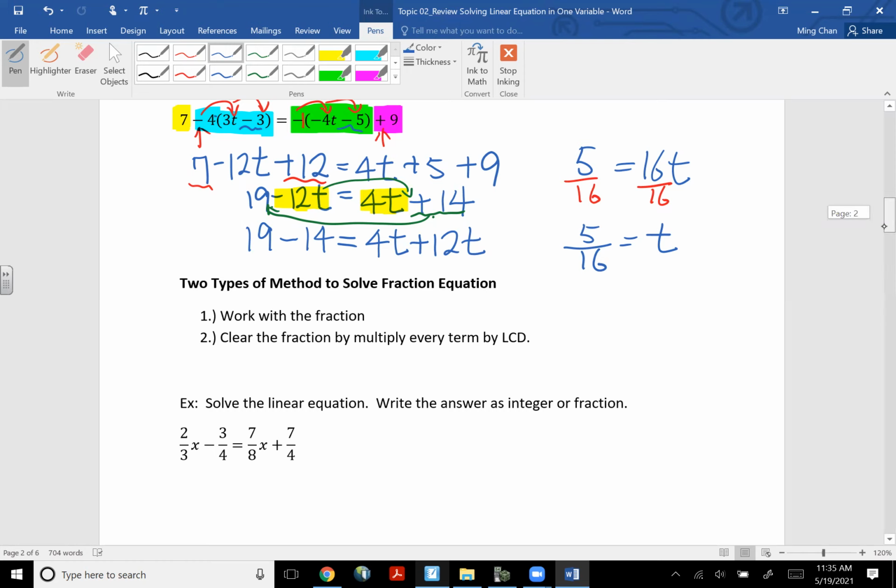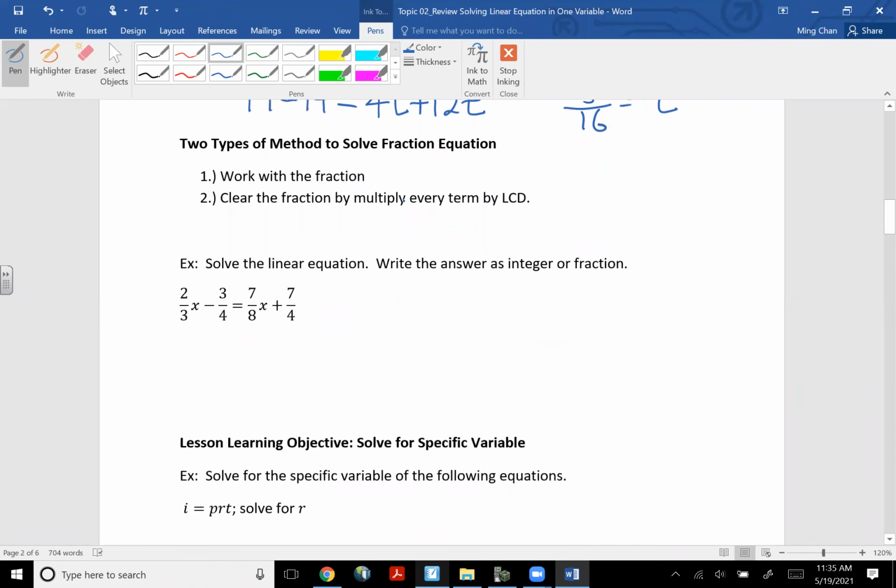So check this out. If I want to clear the fraction by multiply every term by the LCD, I need to find the LCD between these denominators, 3, 4, and 8. Okay. So the trick is this. If you're not quite sure, you can always think, okay, LCD between 4 and 8 got to be 8, right?